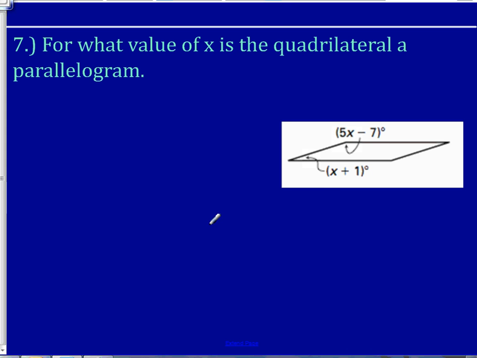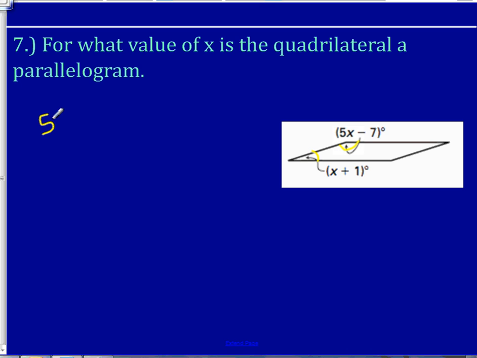What value of x would this quadrilateral have to make it a parallelogram? So one of the things we need to do first is think about what are the values of the angles inside any parallelogram. Well, that would be 360. We also know that supplementary angles, like these right here, are going to equal 180. So we can actually use that information plus the theorem we know to solve this problem.